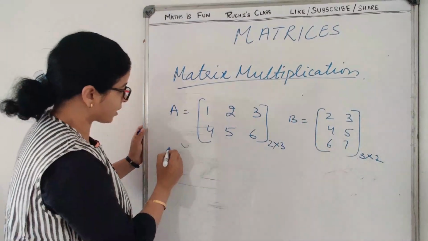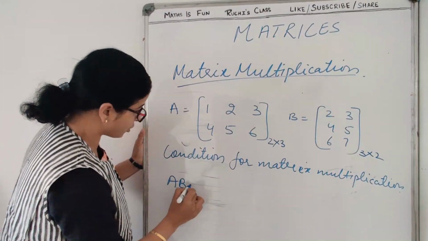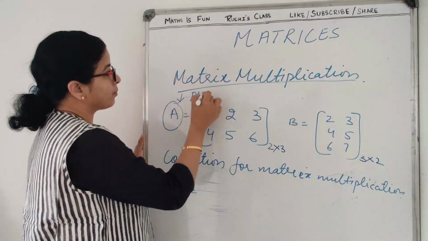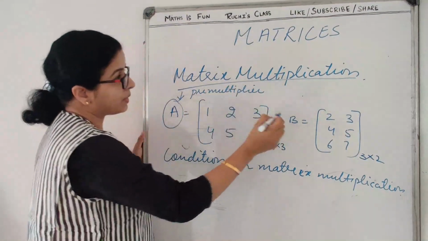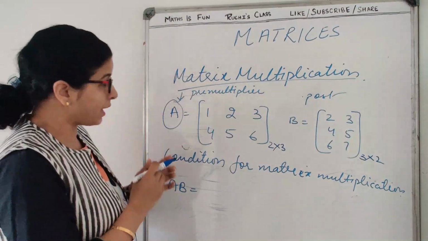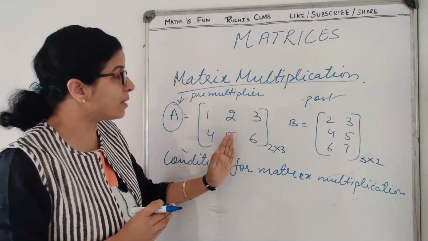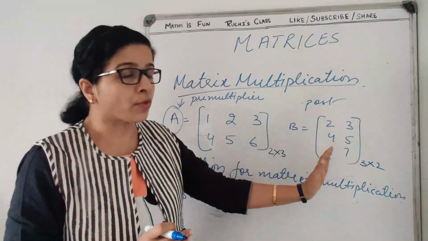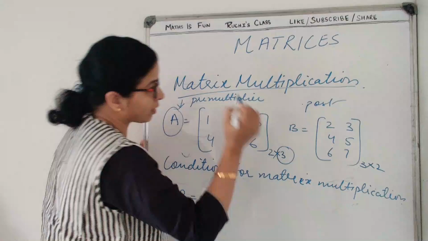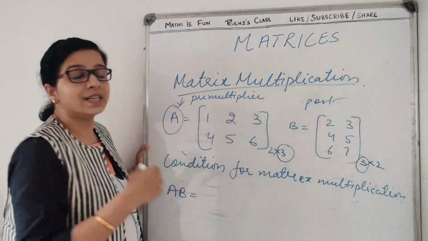Now the condition for matrix multiplication. Say for example, I want to perform AB, A into B. So A is my pre-multiplier and B is my post-multiplier. If the number of columns of the pre-multiplier is equal to the number of rows of the post-multiplier, that means the columns of the first matrix should be equal to the number of rows of the second matrix.